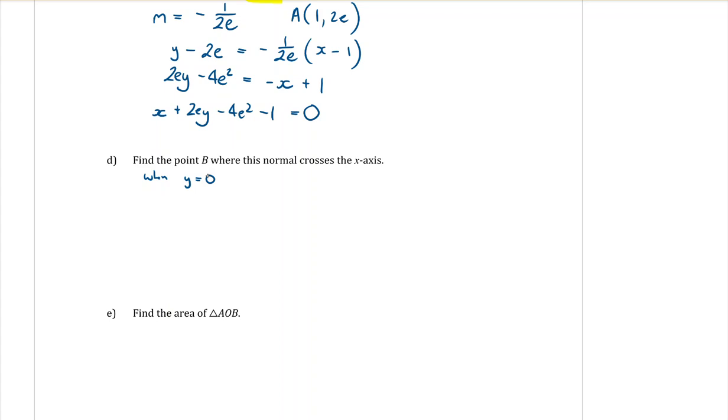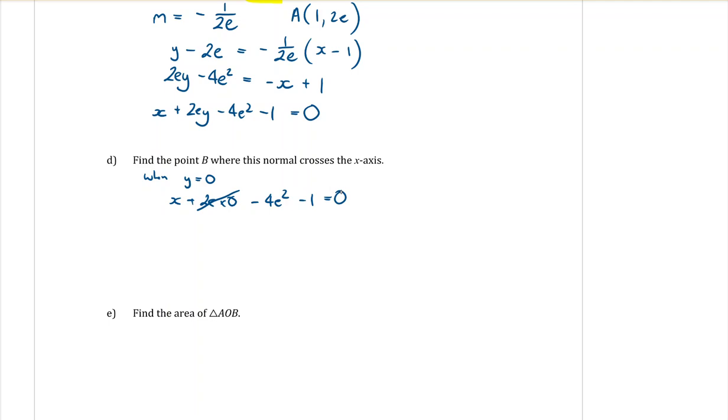I'm trying to find where my normal, this is my normal, remember? This is the equation of my normal. I wanted to sub in y equals 0 into that so I can see where it crosses the x-axis. So x plus 2e times 0, okay, that's just going to be nothing. Put a line through that straight away. Minus 4e squared minus 1 equals 0.